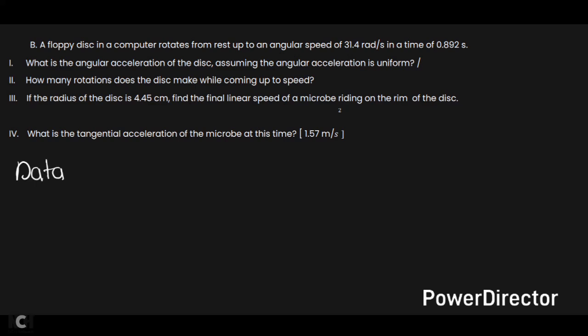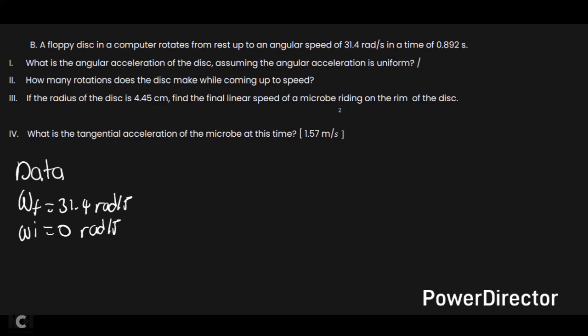So let's take the data in this situation. They're saying that the floppy disk rotates from rest up to an angular speed of 1.4 rad per second. I want you to understand that if it came from rest, the initial angular speed is 0, because it started from rest.